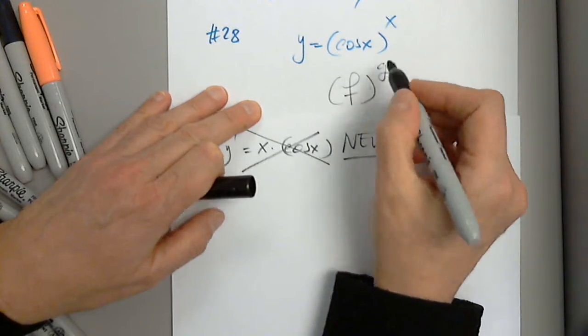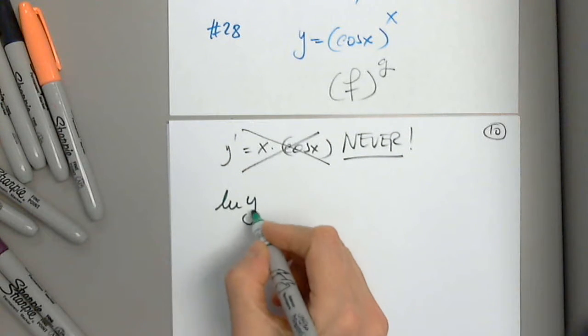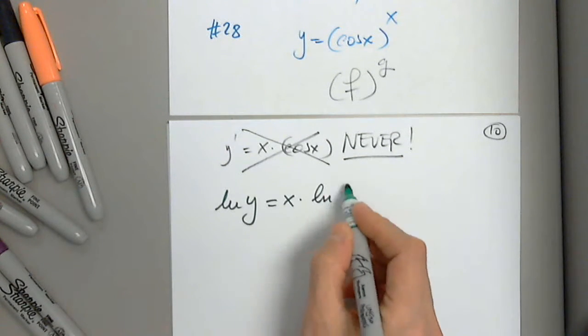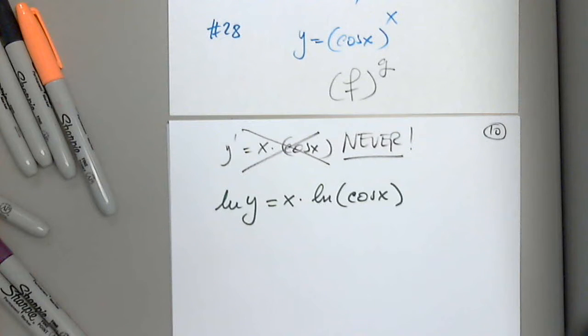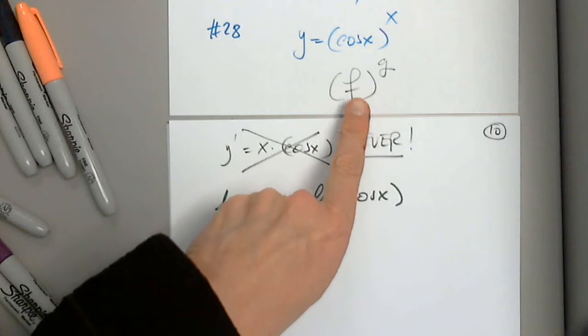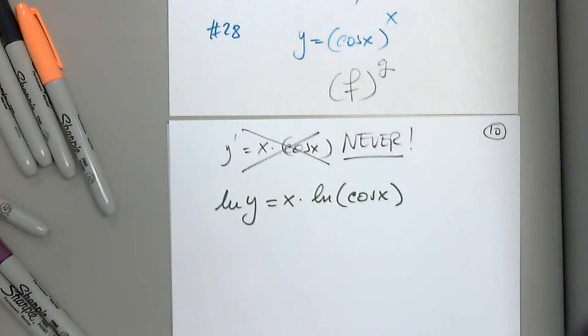A function raised to a function does not have a formula. Then, what do we need to do? Excellent. So we have natural log y equals x times natural log of cosine x. Perfect. We applied natural log to both sides. We don't have a formula for this. We must apply log to both sides.